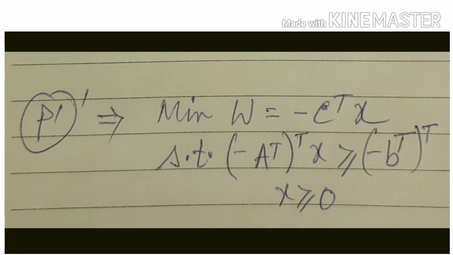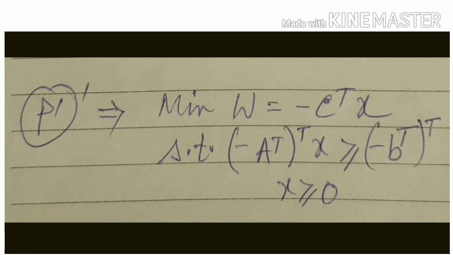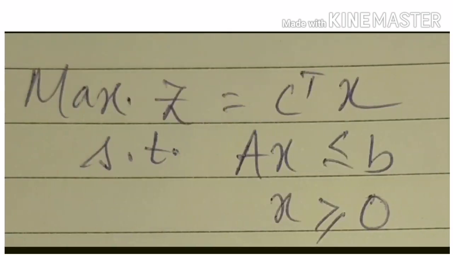And since the transpose of the transpose is the matrix itself, it is nothing but the primal problem. That is, the dual of the dual is the primal problem.